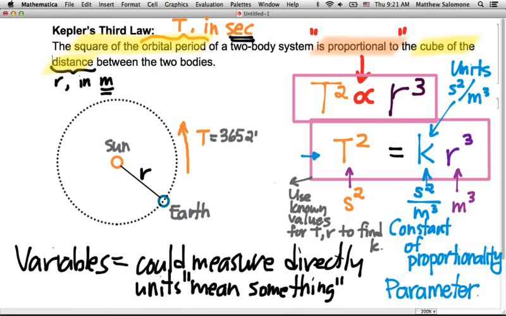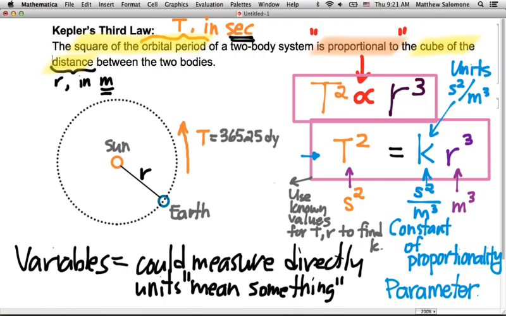365.25 days. By the way, why do I need that quarter in there? Leap year. Compensates for the fact that every 4 years we get an extra day in there. Yeah, it's not a huge deal if we don't put that quarter in there, but I like that quarter.